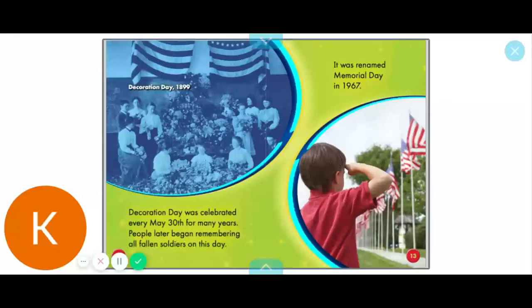Decoration Day was celebrated every May 30th for many years. People later began remembering all fallen soldiers on this day. It was renamed, or named again, as Memorial Day in 1967.